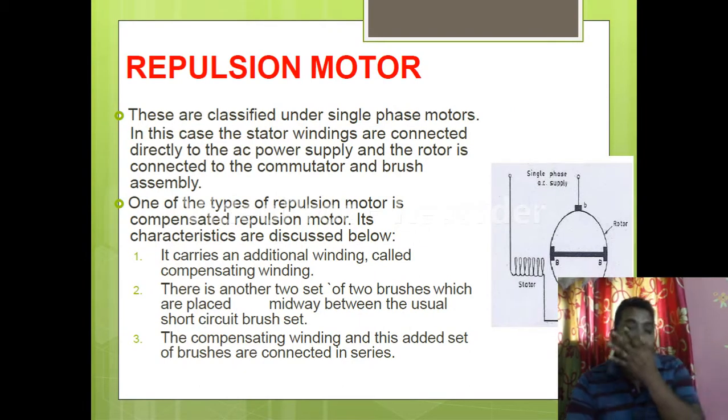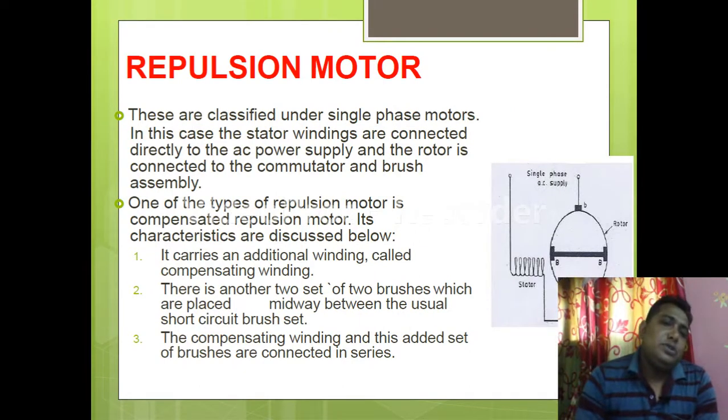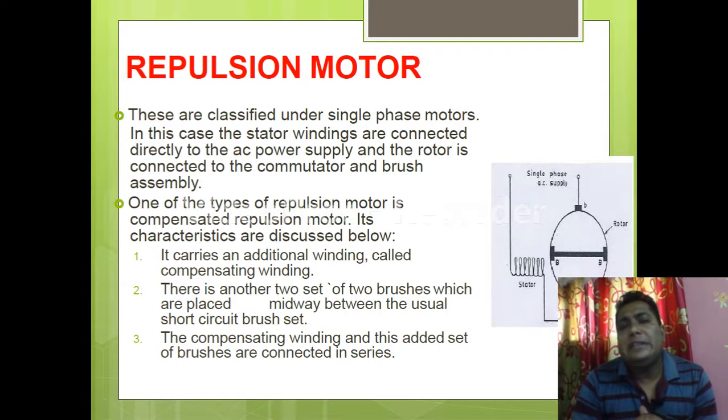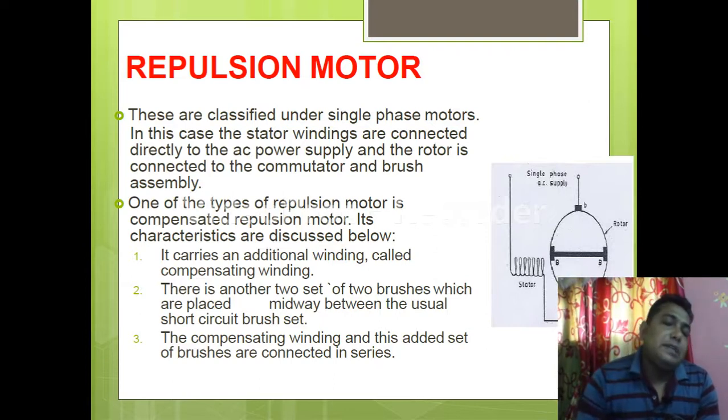Okay, so now coming to the repulsion motor, which is classified under single phase motors. In this case the stator windings are connected directly to the AC power supply, and the rotor is connected to the commutator and brush assembly. One of the types of repulsion motor is the compensated repulsion motor.